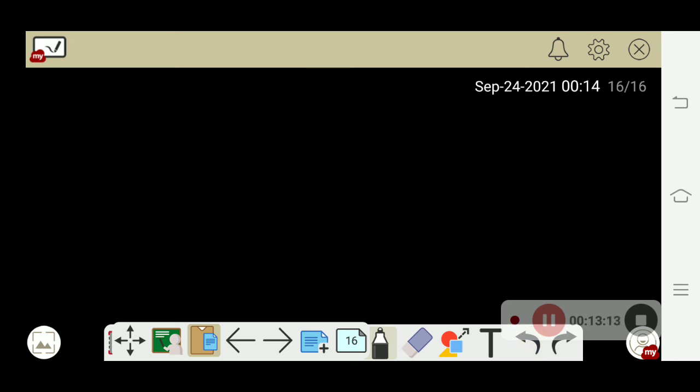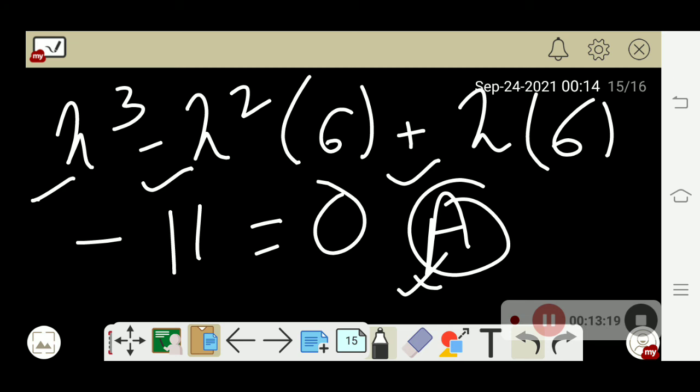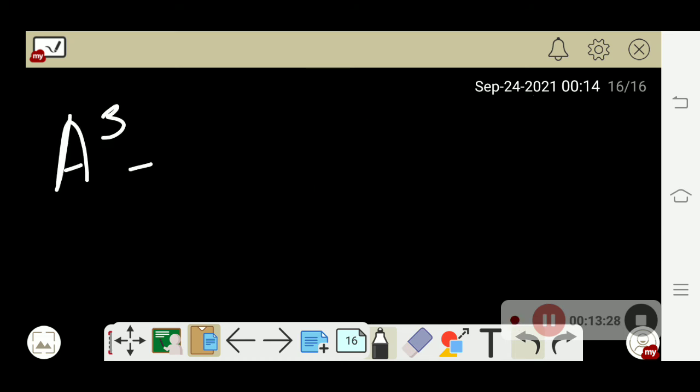So A cube, and this is a square matrix, symmetric, you see, minus lambda square, which is A square. Nothing, it's just same as the value of x in a cubic equation.